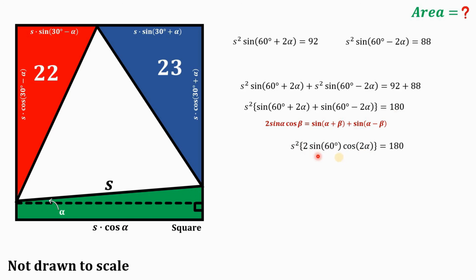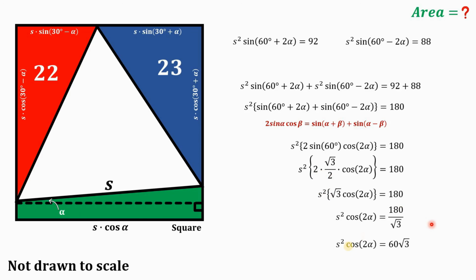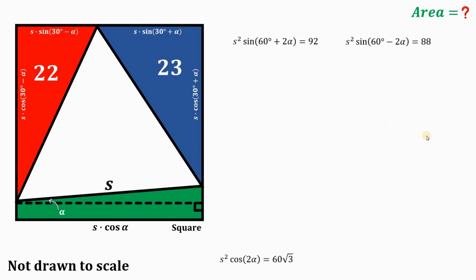Now, we know the value of sine of 60 degrees. This is just square root of 3 over 2. Now, simplify. 2 is cancelled out. This is just 1. Divide both sides by square root of 3. Now, rationalize the right-hand side, and we can say that s squared times cosine of 2 alpha equals 60 times square root of 3. And again, let's set aside this result.